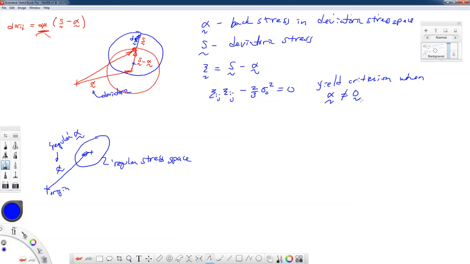Now what happens when we're on our yield surface is that this yield function f equals 0. If it is less than 0, then we're inside of our yield surface, and we can't get bigger than 0. So if I'm on my yield surface, this is true: the function of S and alpha is equal to 0 on the yield surface.